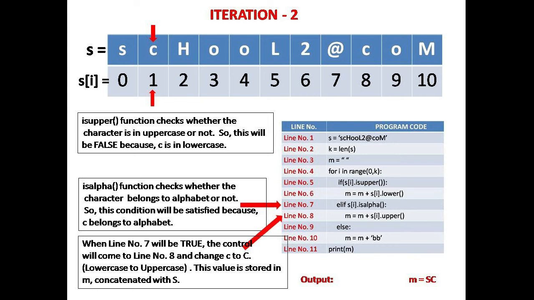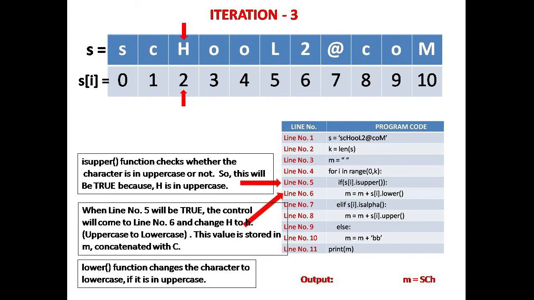Now exactly in the same way iteration 2 will take place and the character C will be capitalized. Now in iteration 3 the control will come to s[2], the character is capital H, and when it starts going through the conditions, condition 5 is fulfilled, if s[i].isupper(), because this character is already in uppercase.